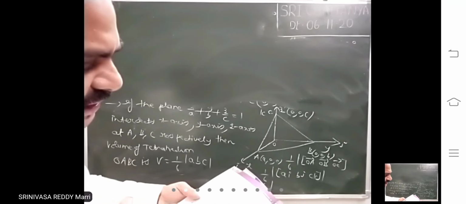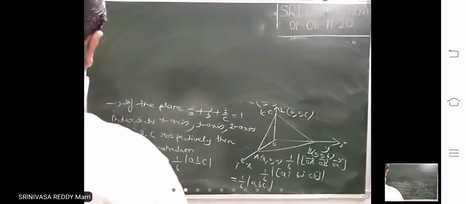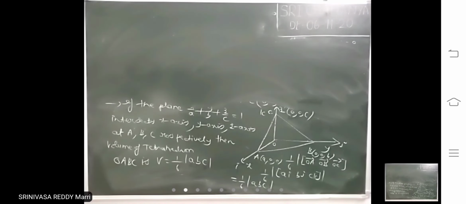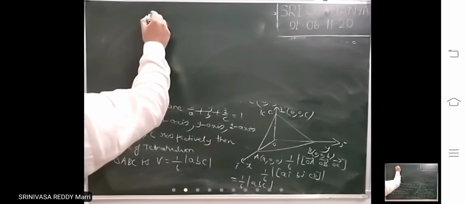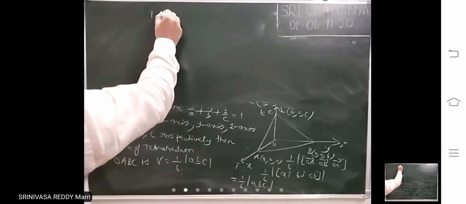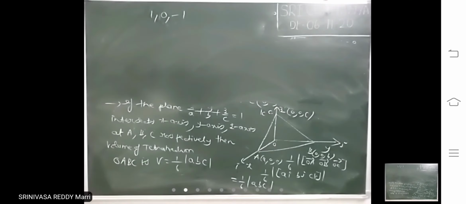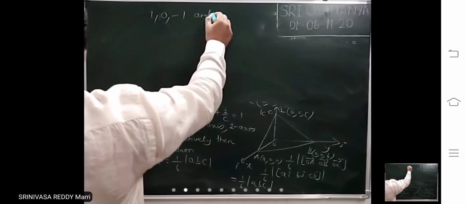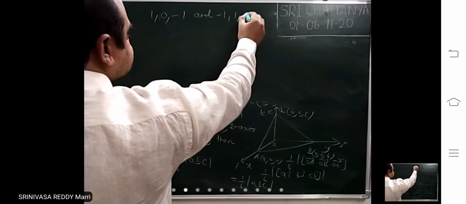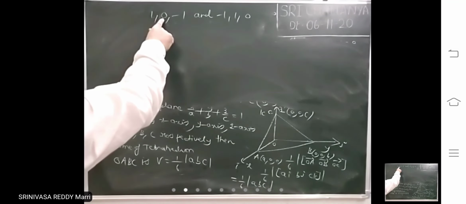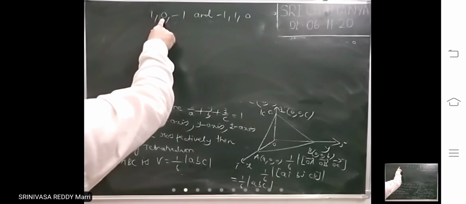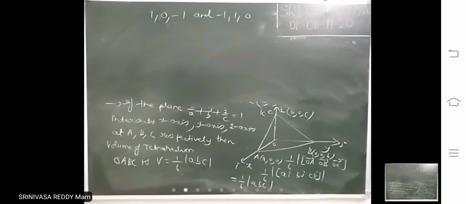A plane is parallel to two lines whose direction ratios are 1, 0, minus 1 and minus 1, 1, 0.